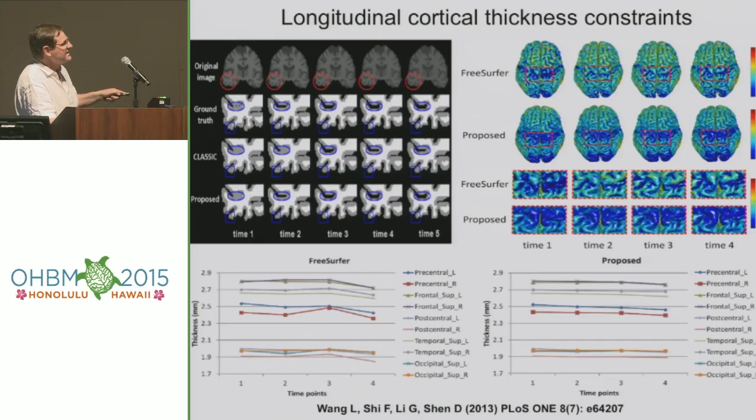This perhaps is misleading because what they've done here is impose constraints on cortical thickness at each time point to introduce a longitudinal constraint, and that can essentially be considered as just interpolating across time. Nevertheless, they've put this forward as a competitive method.